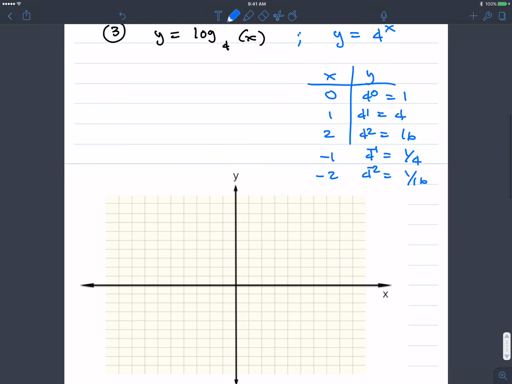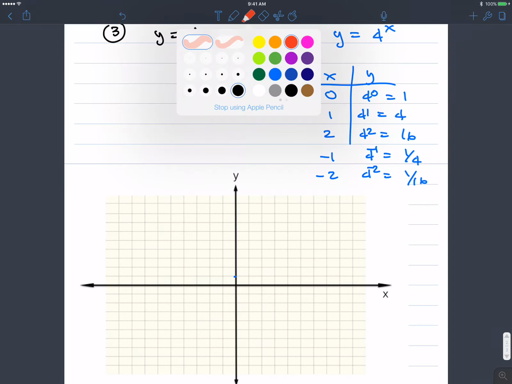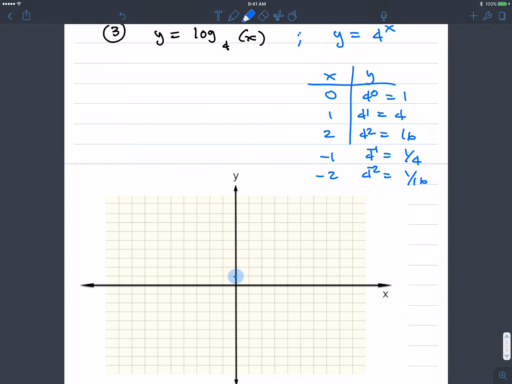To review this idea, again, we can plot these points. 0, 1 is here, and if I change this color, here's where 0, 1 would be. 1, 4: to the right 1, up 1, 2, 3, and 4. 2 and 16 would be probably way up here, so this growth is going to happen pretty fast. When x is negative 1, we're at 1/4, so that's over here.